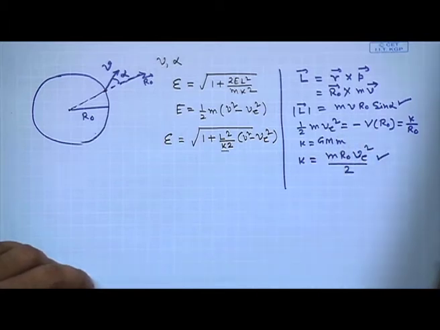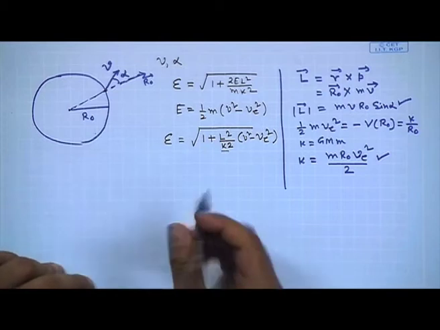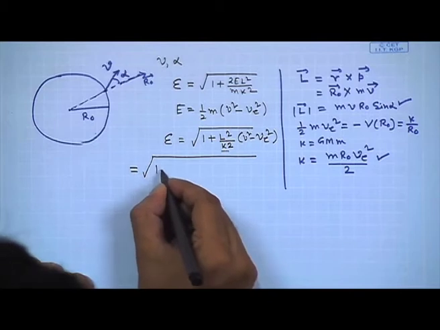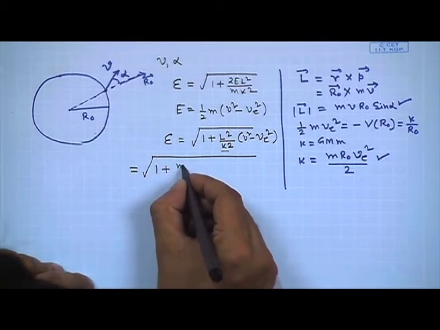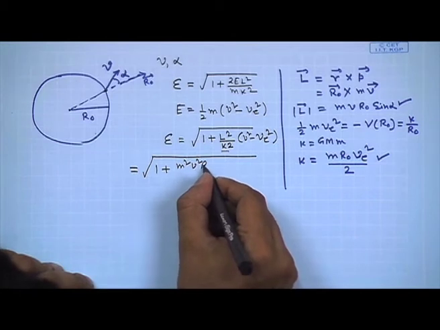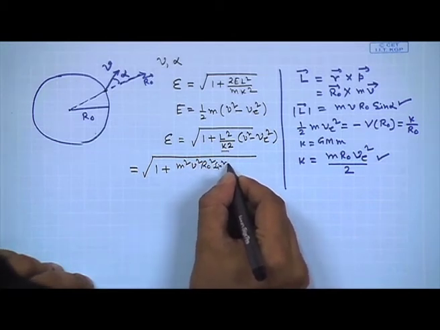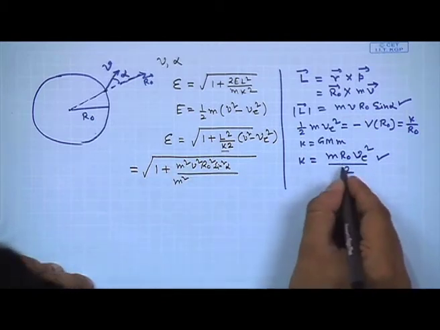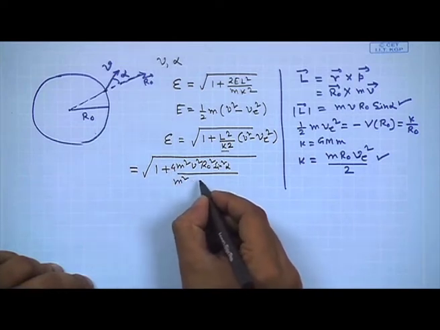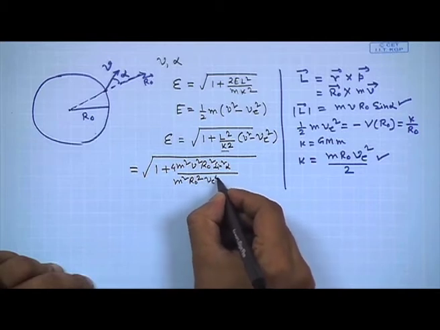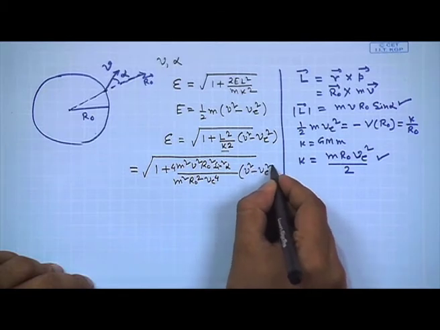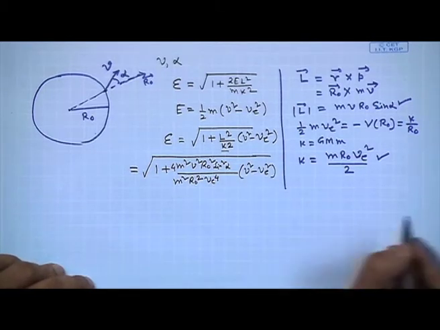Now, we substitute this back into the equation here, and we can write the expression for eccentricity as 1 plus, so it will be m square v square r0 square sin square alpha divided by m square r0 square v e to the power 4, and we have v square minus v e square, right.